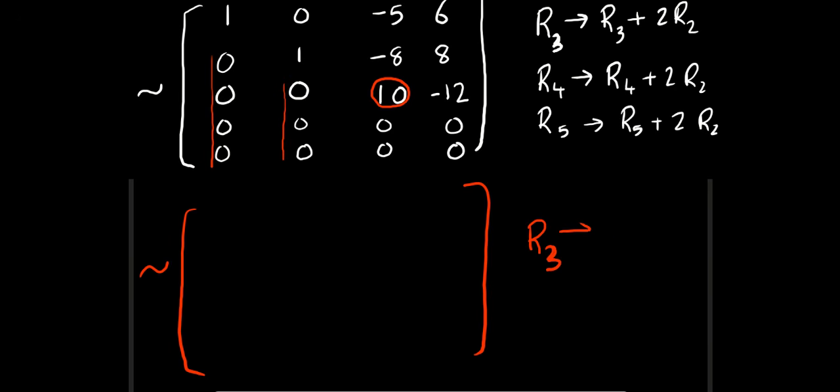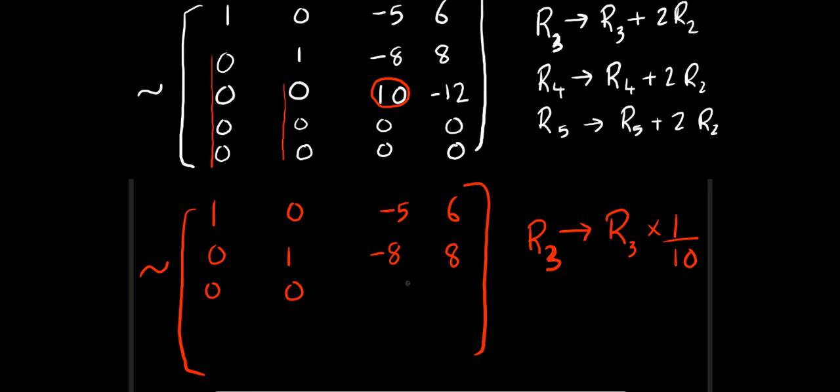So I'm going to write R3 changes to R3 into 1 by 10. So 1, 0, minus 5, 6. And then 0, 1, minus 8, 8. 0, 0, 1. And that will be minus 12 by 10. And that is 6 by 5. And 0, 0, 0, 0, 0, 0, 0, 0.